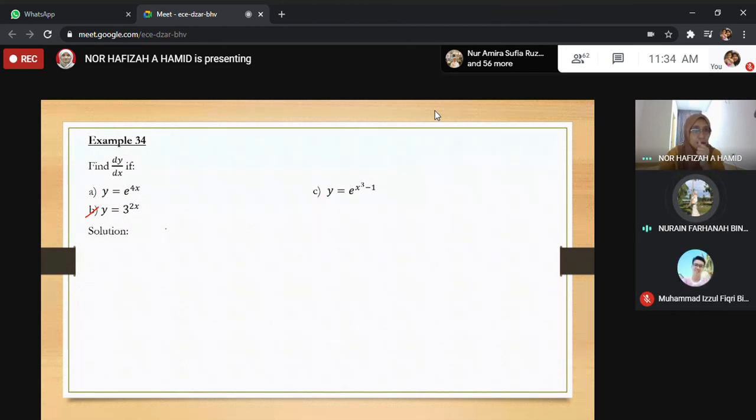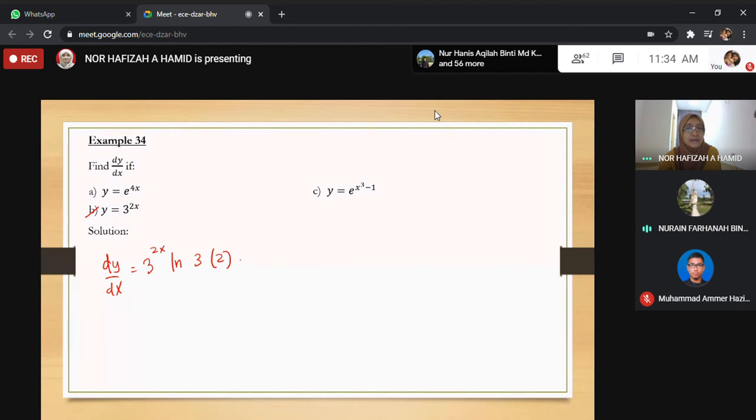Kalau tu kita keluarkan boleh ke, letak dekat luar sebab dia letak kat tengah? Boleh. Maknanya kalau you nak differentiate yang B tu, you dapat 3 to x ln 3, so 2 tu you letak kat sini. Boleh. Asalkan you jangan multiply. Dia memang ada 3 term. Kalau you multiply jadi contoh 2 ni kan, jadi ln 6, yang tu dia akan jadi salah. You tak boleh multiply.